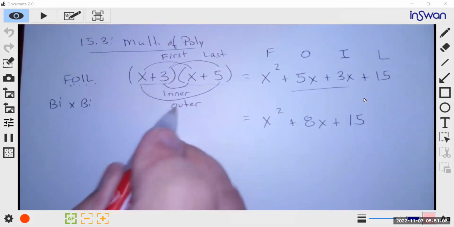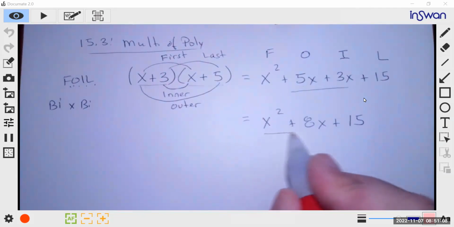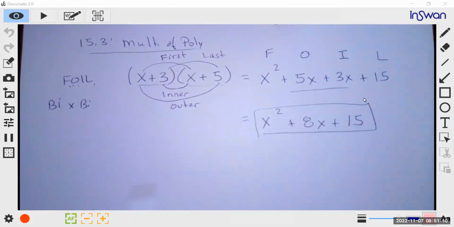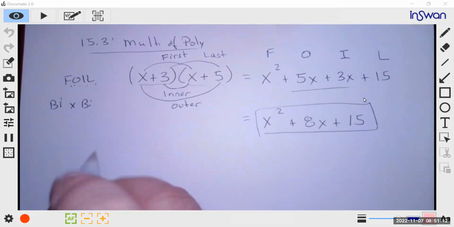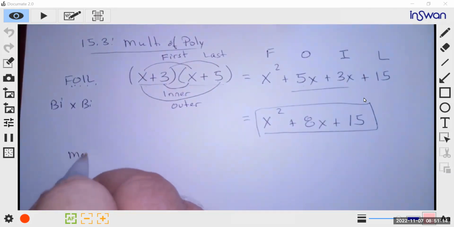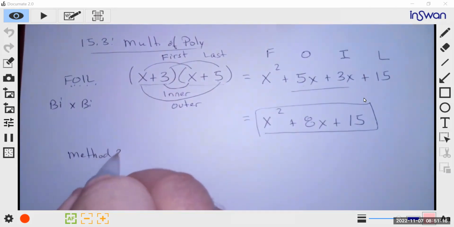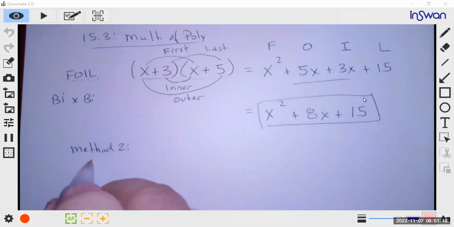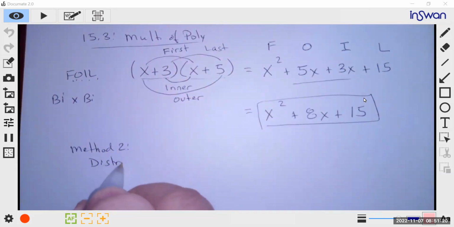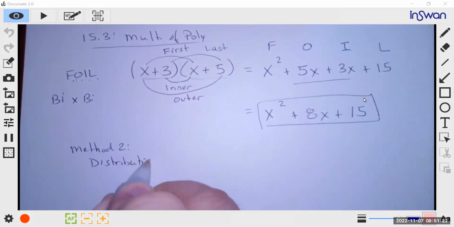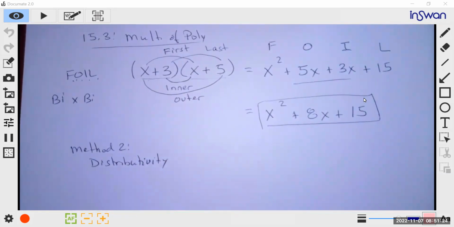Another way we could have done the same thing. Remember, here's our final answer. Method 2. Distributivity.